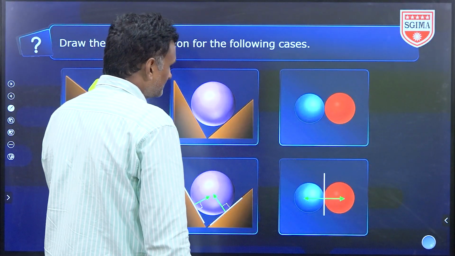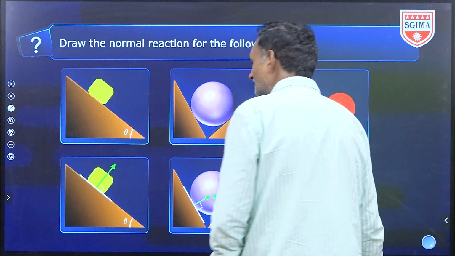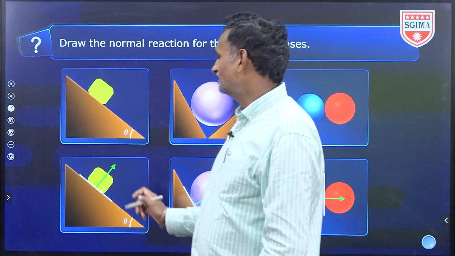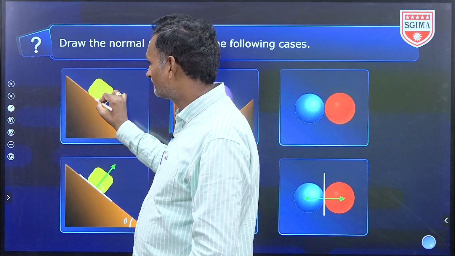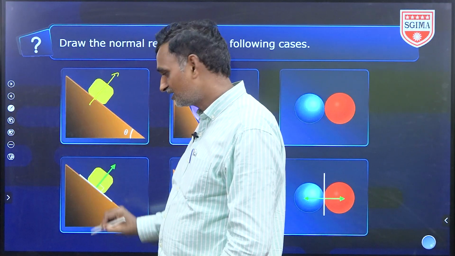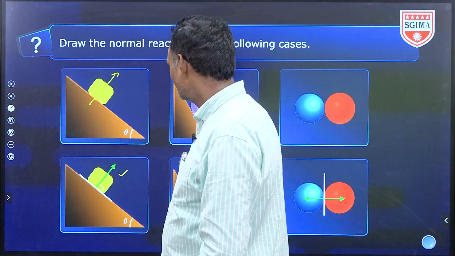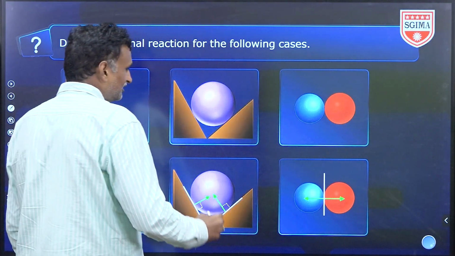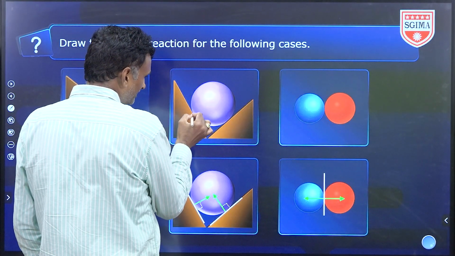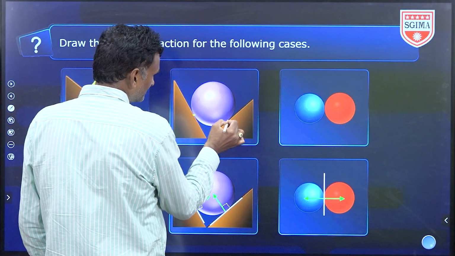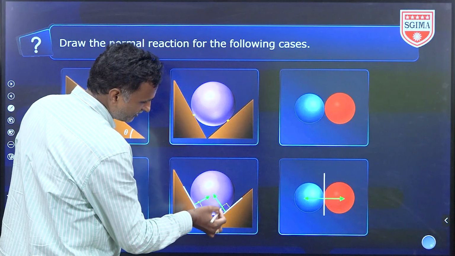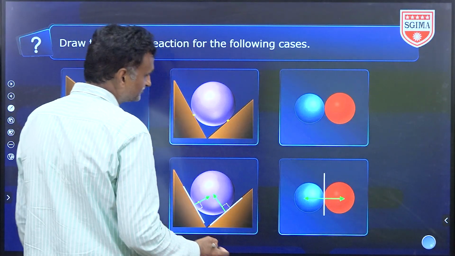Next, draw the normal reaction in the following cases. Normal reaction is always perpendicular at the point of contact. In this case you can see this is the point of contact, and for this it should be perpendicular. This is what is indicated here, so this is the right answer. Next, one cylinder or sphere, whatever it is, and at this point we find contact, and for that you can see normal is perpendicular, here also normal is perpendicular.